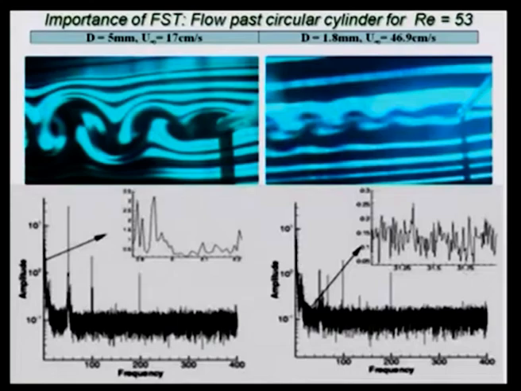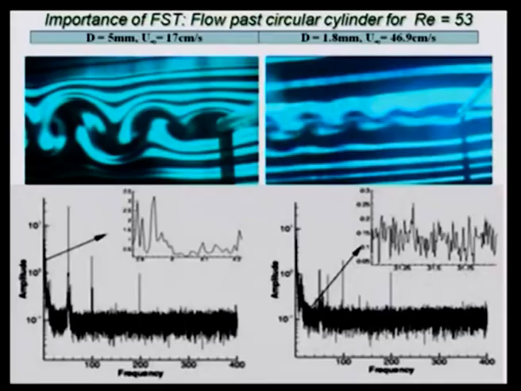Now, this result that you see in front of you is somewhat intriguing and special, which we did a few years ago. What we tried to do is study the flow past a circular cylinder for a Reynolds number of 53. Why 53?